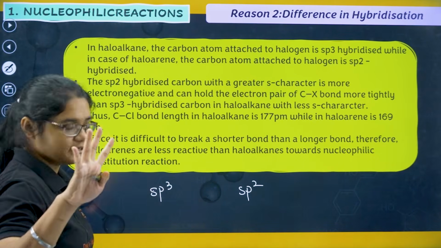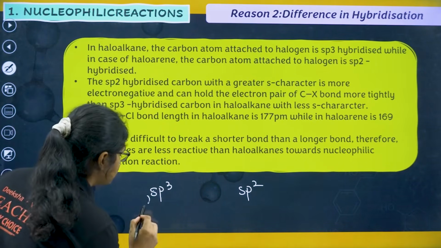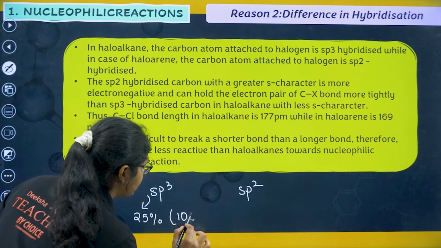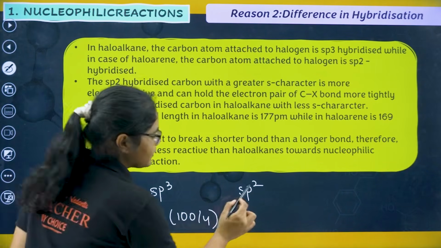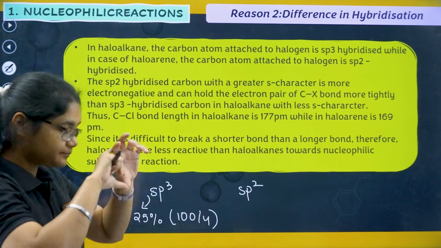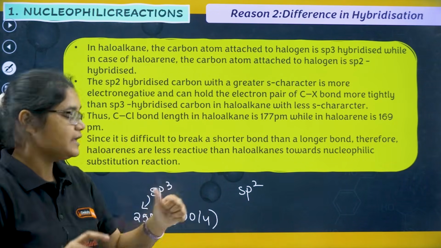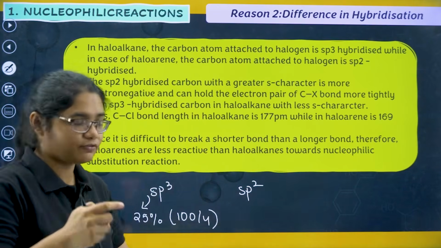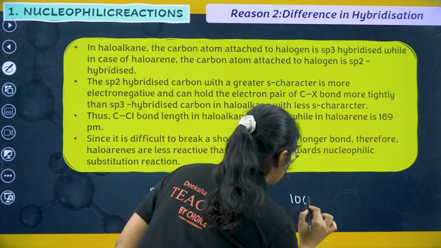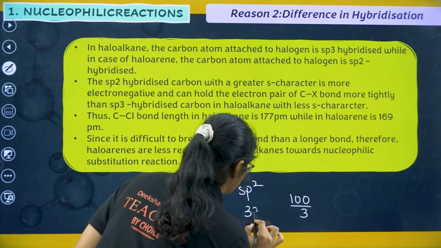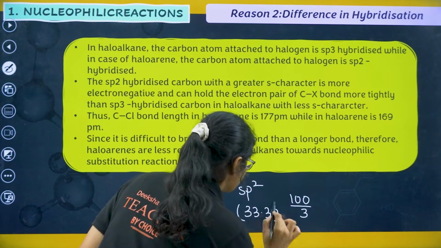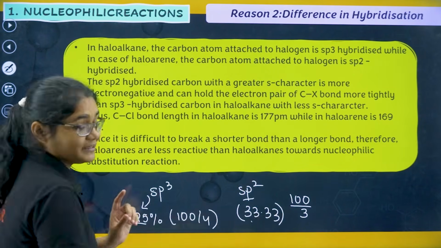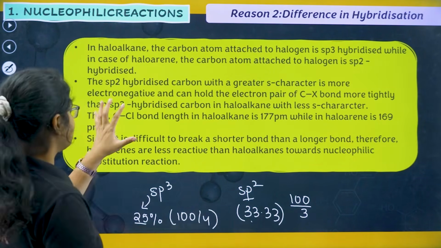So 100 divided by 4, the percentage of s is 25%. In the sp2 hybrid orbital, there are total 3 orbitals present, so 100 divided by 3, which is around 33.33. So here the s percentage is 25%, here the s percentage is 33.33. So that is what is told.